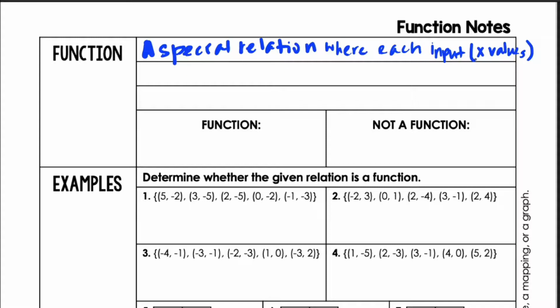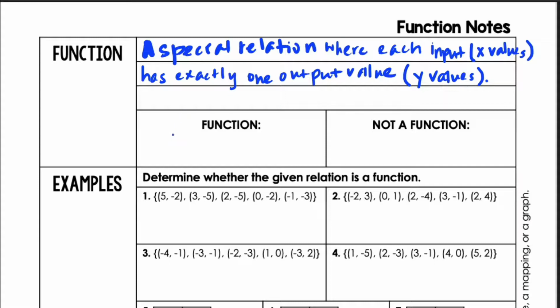So this is a special relation where each input, or your x values, has exactly one output value. And those output values, again, are called our y values.